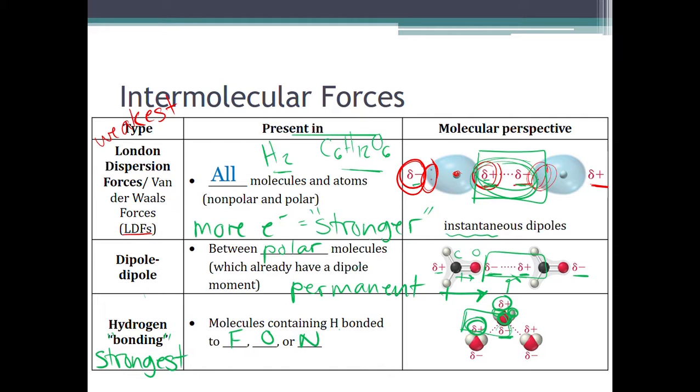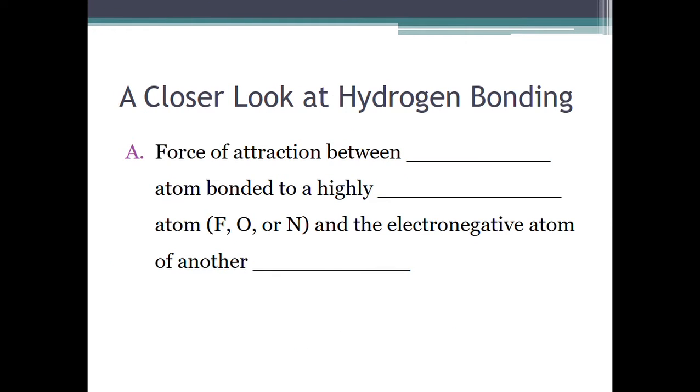Let's talk a little bit more about hydrogen bonding. All right, so hydrogen bonding, and again, it's more like bonding, is the force of attraction between the hydrogen atom bonded to a highly electronegative atom, fluorine, oxygen, and nitrogen only, and the electronegative atom of another molecule. That's a little confusing.